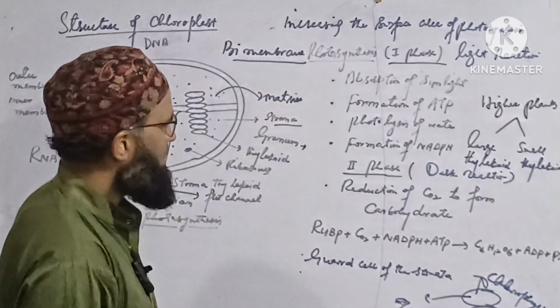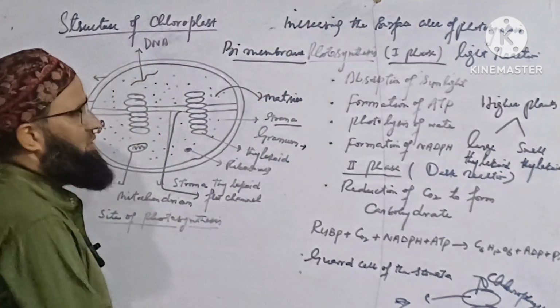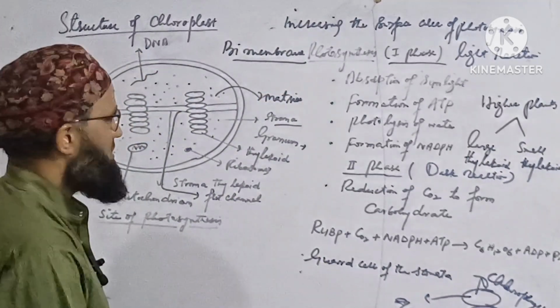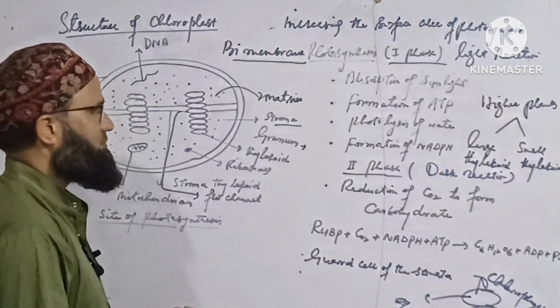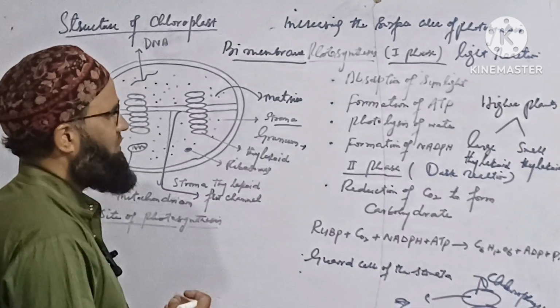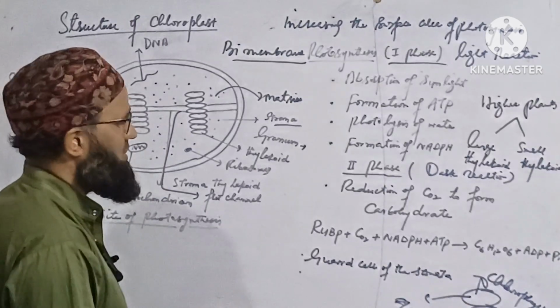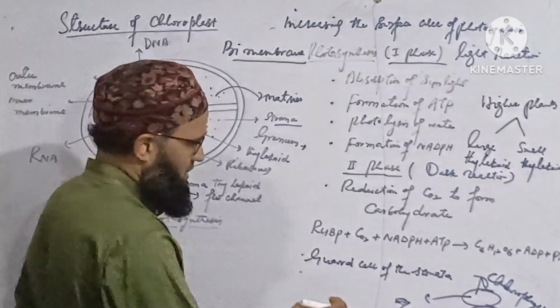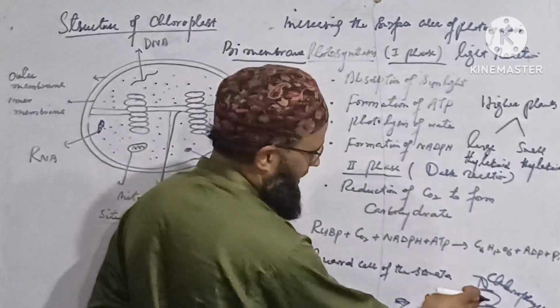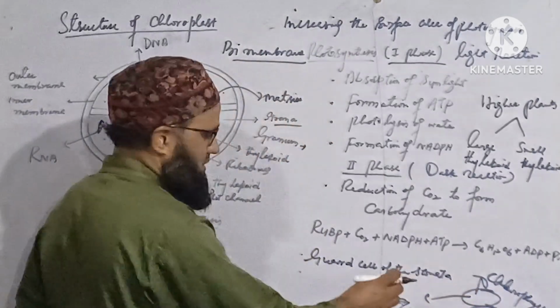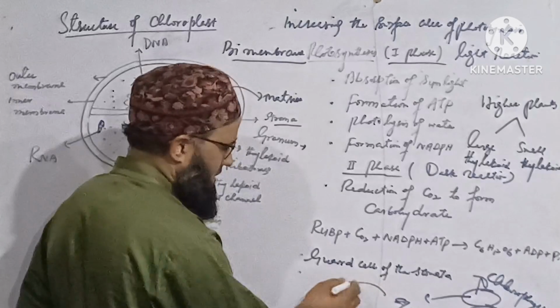First of all, sunlight is very important for the process of photosynthesis. How does it take place and how does it help in the process of photosynthesis? As you can see, as I already told you, on the surface of the thylakoid there are accessory pigments.